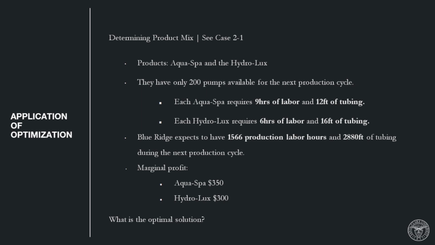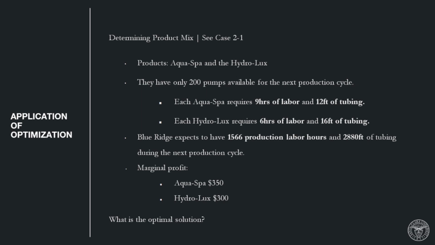Blue Ridge has 200 pumps in total for the next production cycle. For each Aqua, it requires 9 hours of labor and 12 feet of tubing. For each Hydro, we need 6 hours of labor and 16 feet of tubing.